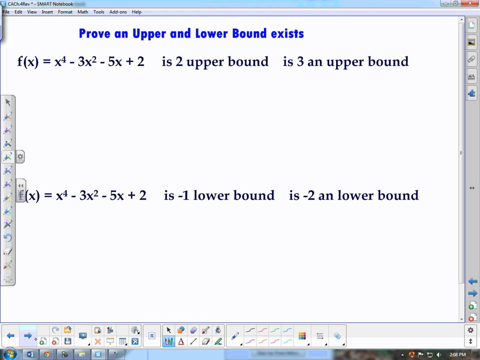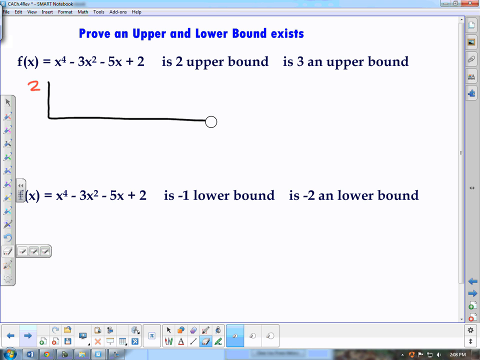Then getting to proving something as an upper bound or a lower bound. Upper bounds only when you have a positive number on the outside. And so then we have, on the inside, we would have 1, negative 3, and there would be a 0 in there first. 0, negative 3, negative 5, and 2.